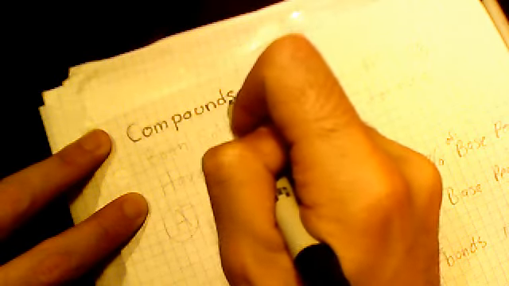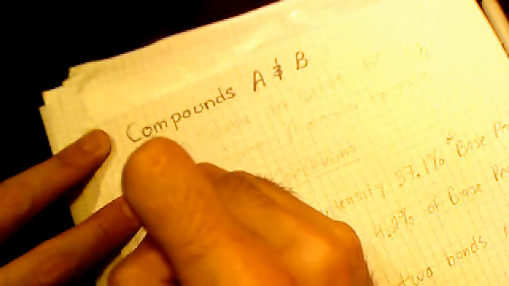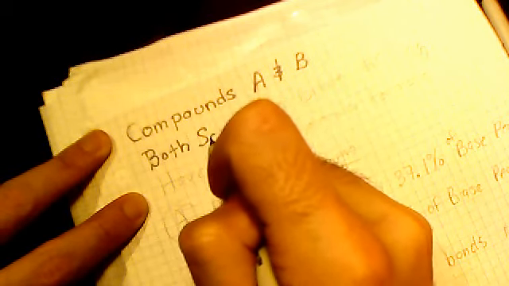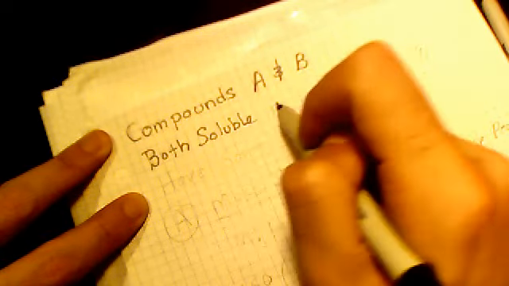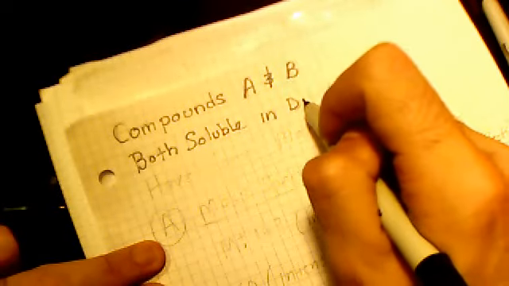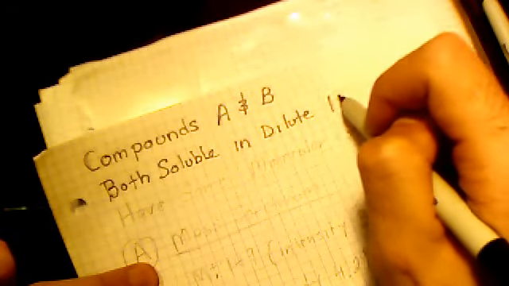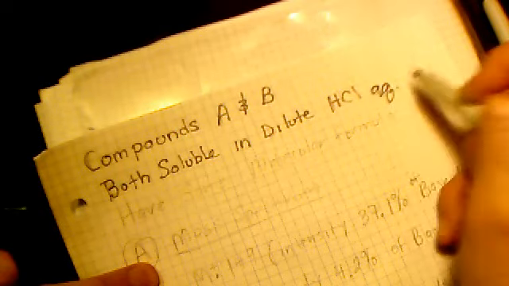Alright, so it says, given the following information, elucidate the structure of compounds A and B. Both compounds are soluble in dilute aqueous HCl, right?